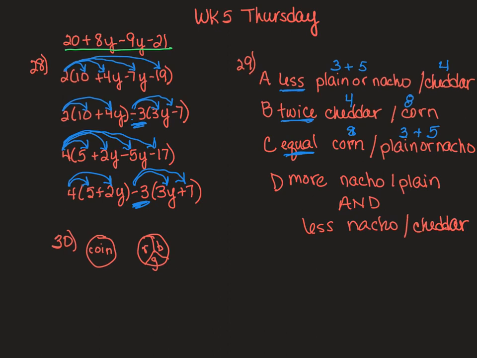In the last one, they are just a little bit tricky. They're throwing something else in. They're saying two things have to be true. It has to be more likely to have nachos, which is 5, than plain, which is 3. But they're also saying, is it less likely that I have nachos than cheddar?